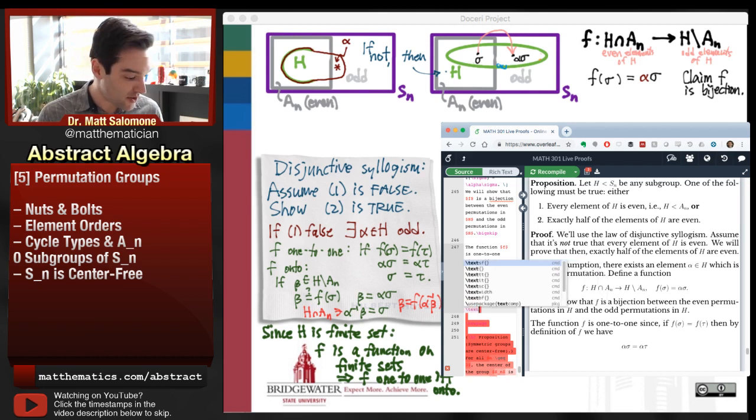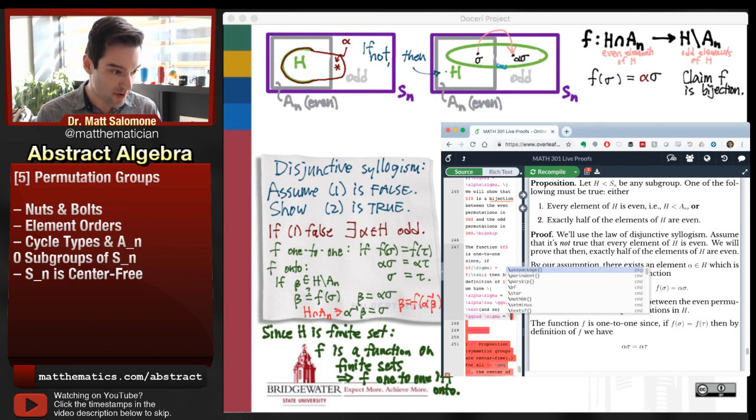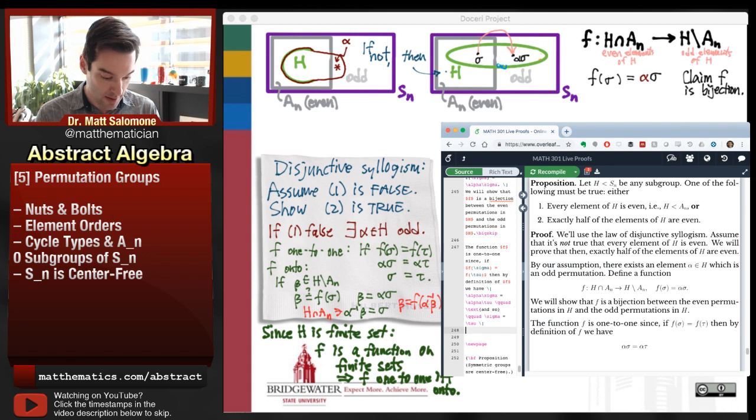But then if alpha sigma was equal to alpha tau, we can cancel those alphas, as we did right here on our napkin. And so sigma equals tau by cancellation. Left cancellation, if you like. It's the only one that we would need in that case, right? So now that we've shown f is a 1-to-1 function, now we can make the argument about finite sets.